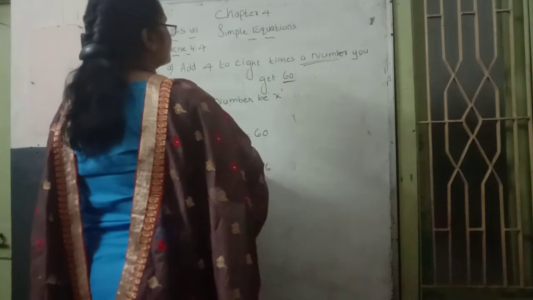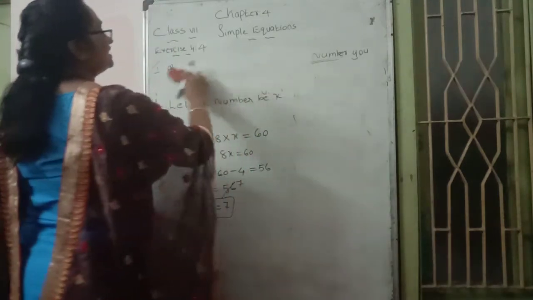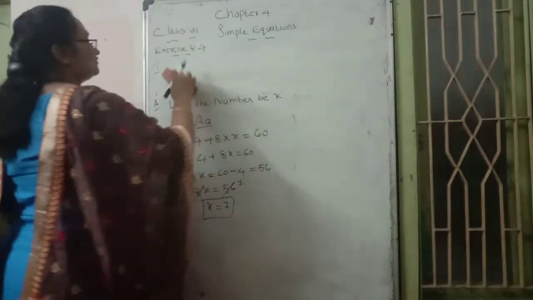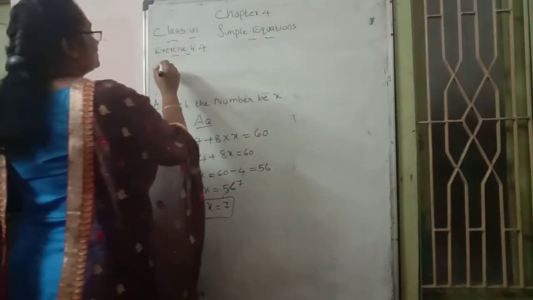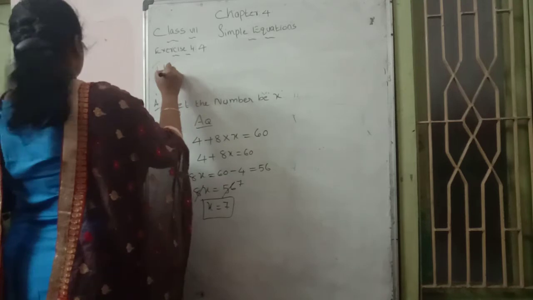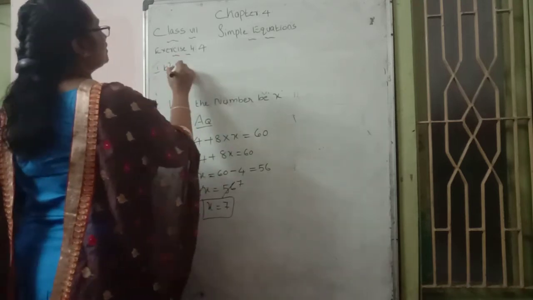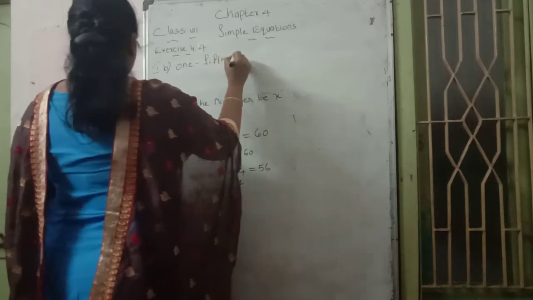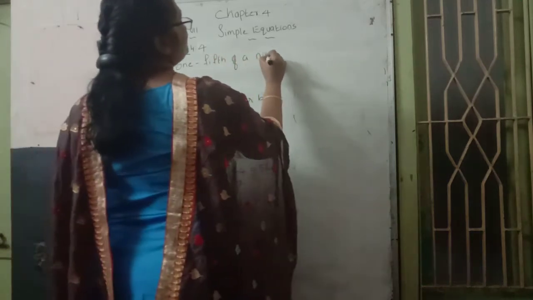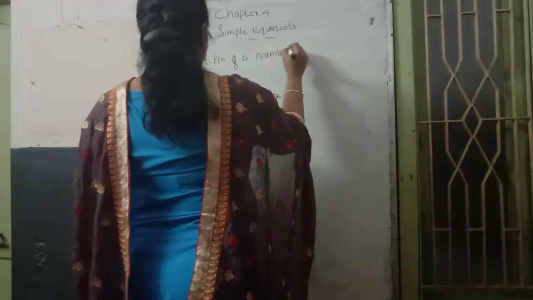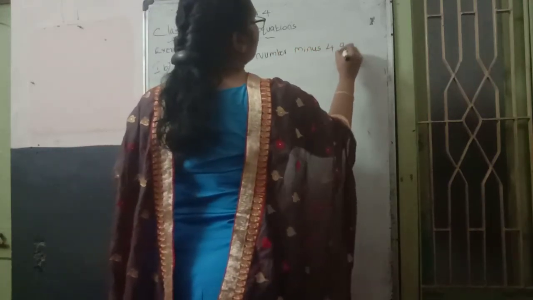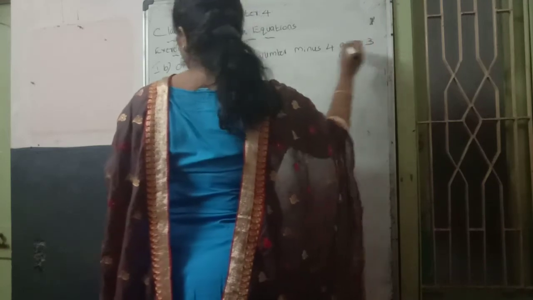In this way, frame the question, write down the first equation with the help of the statement, and find the variable value. B question: 1/5 of a number minus 4 gives 3.